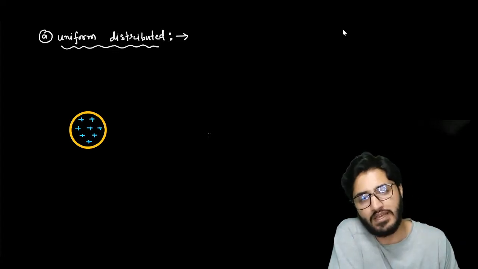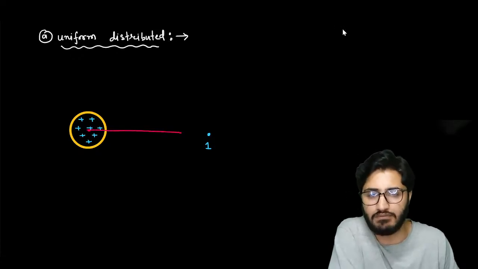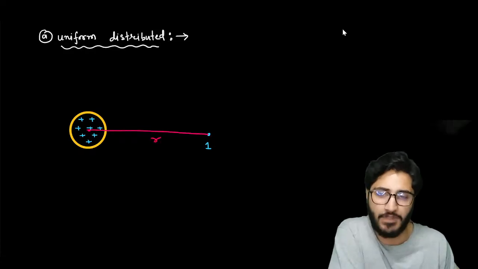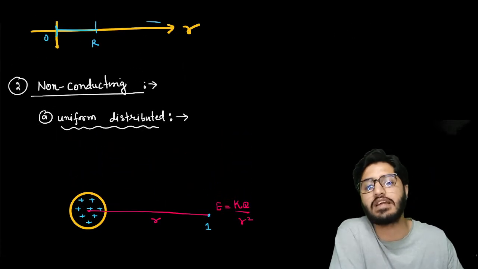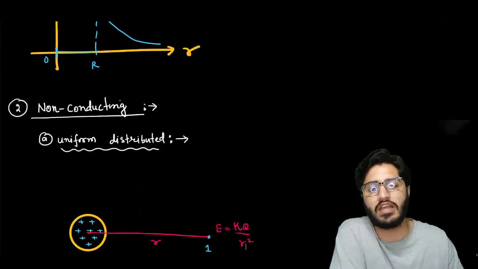If I take a point here, 1, at distance small r, the electric field at this point will be k q divided by r square. I don't need to derive it now, because we have derived it above. Here, same, you can derive it.